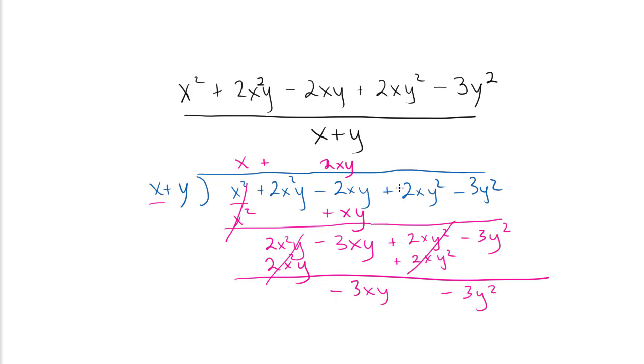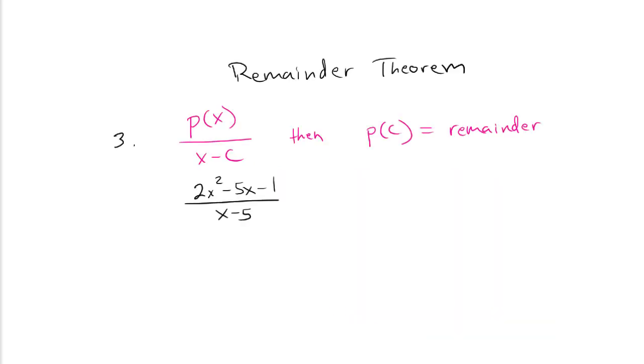Well, that's going to be minus 3 times y. So minus 3y gives me minus 3xy. And then minus 3y times plus y gives me minus 3y squared. That also cancels nicely, and I end up with no remainder.